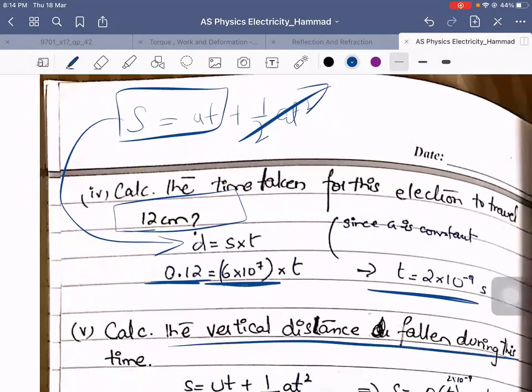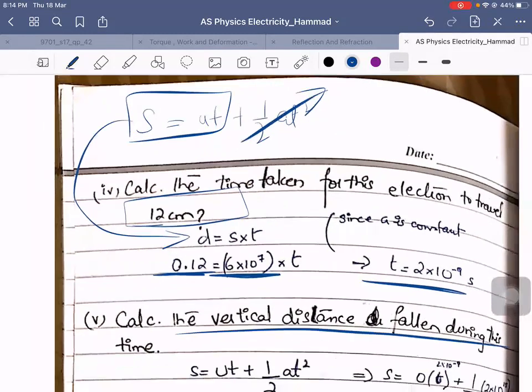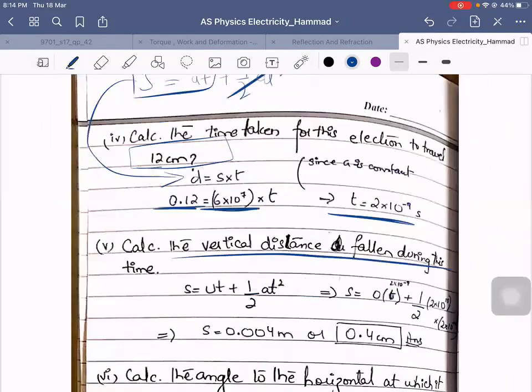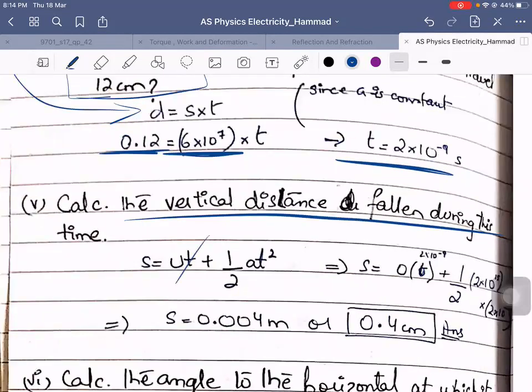They then ask you to calculate the vertical distance. Please note that for projectile motion, the time taken to move the horizontal distance and the vertical distance will remain the same. So s is equal to ut plus half at squared. For half projectile motion, your initial velocity is considered to be 0, and that is why I have inserted no value here.